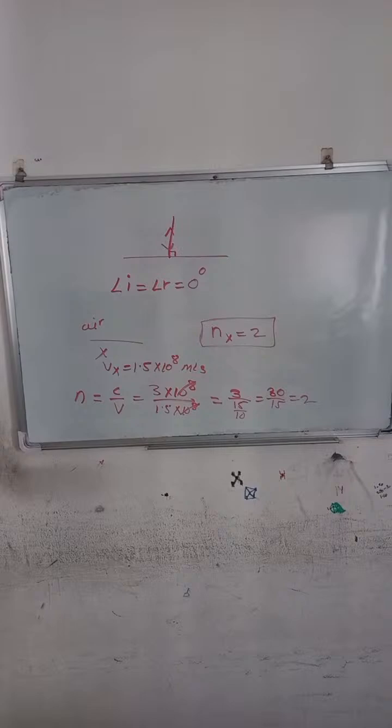Write down next question. A 4.5 centimeter needle is placed 12 centimeter away from the convex mirror of focal length 15 centimeter.